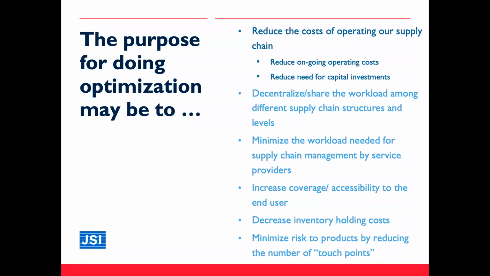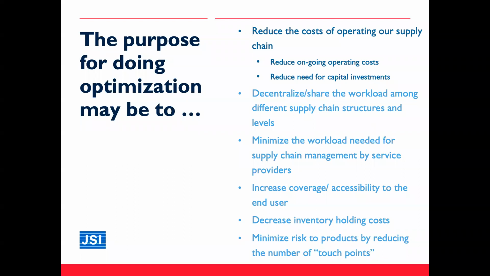For example, I might be able to gain a reduction in overall operating costs, but that might require that I make a large capital investment to purchase equipment or construct warehouses. Or I might choose to make some investments in my system if it will result in significant savings in ongoing operations. Again, the purpose of our optimization will guide us in the kinds of changes or improvements we would want to make or be able to make.